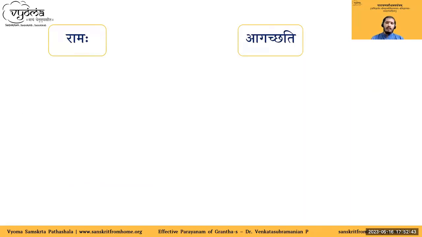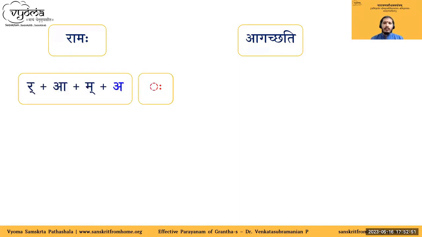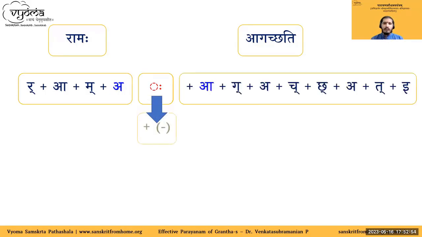Ramaha agacchati is the example. We have Rama, the visarga, and agacchati. In place of visarga, we get lopa, in the sense that visarga gets deleted. Why does this occur? Because in the Puravarna we have akara, and in the Paravarna we have a swara excluding akara.